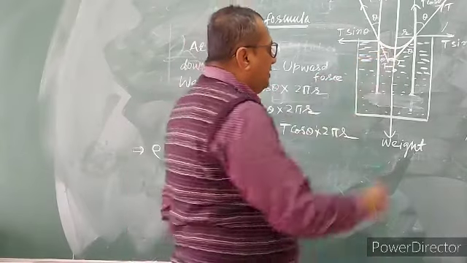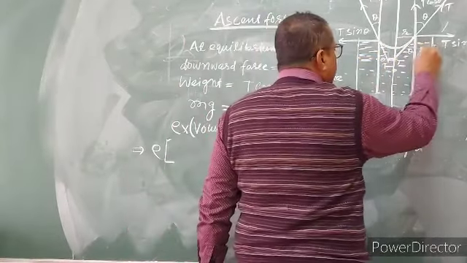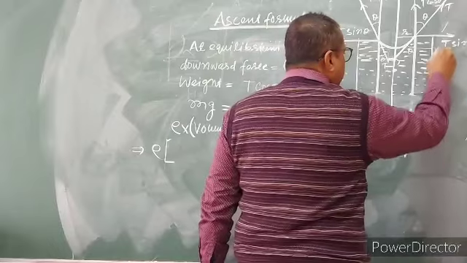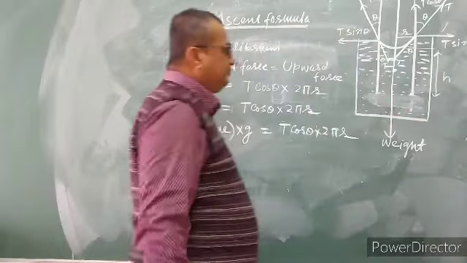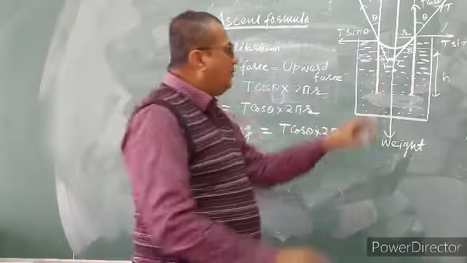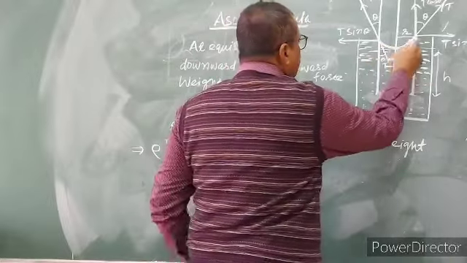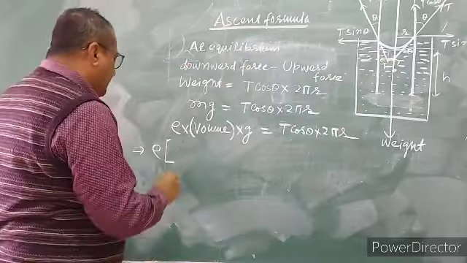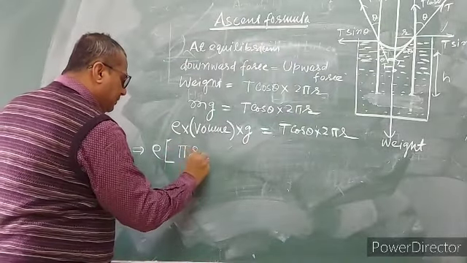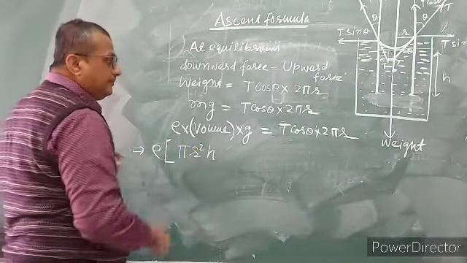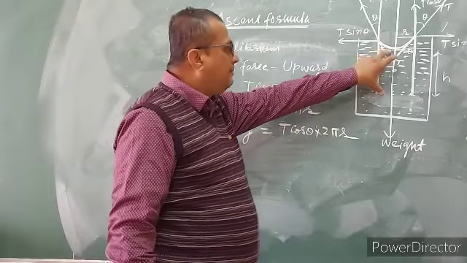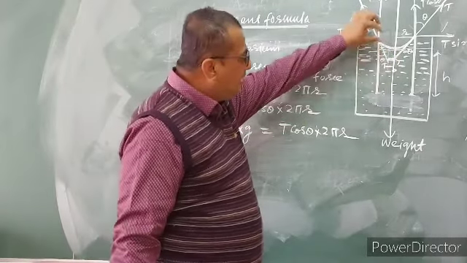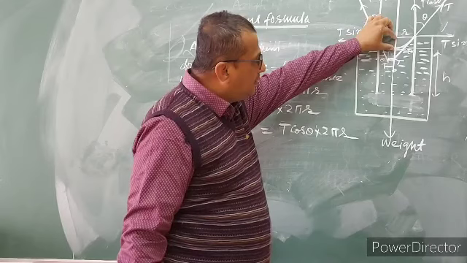First of all, take the height from here, that is h. Find the volume of this part. That will be equal to pi r square h, because it is a cylinder. Then again find the volume of this one.